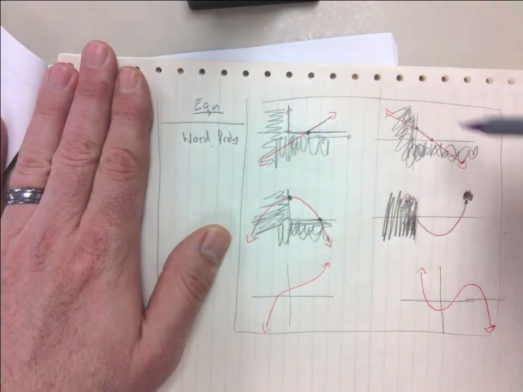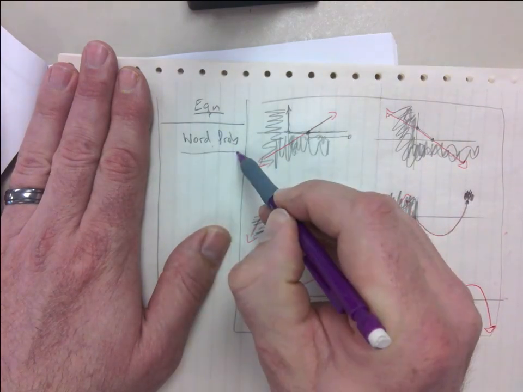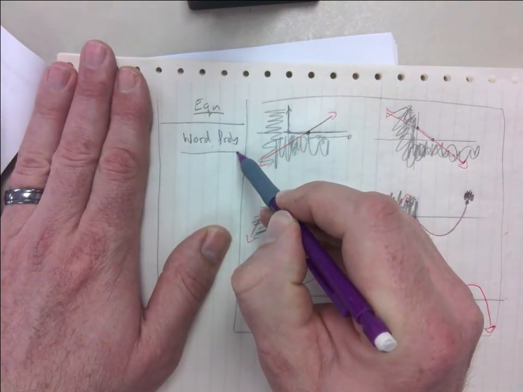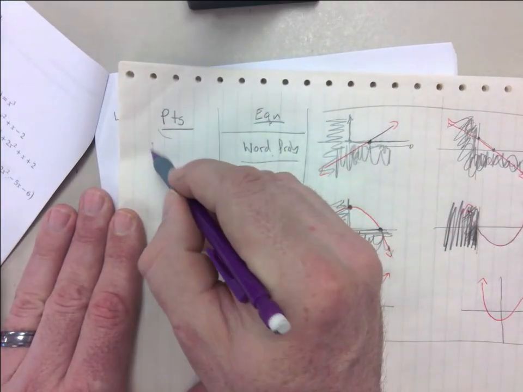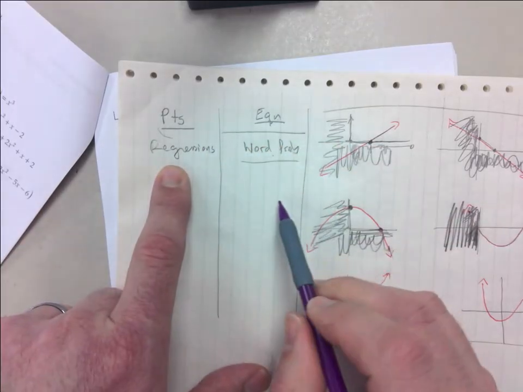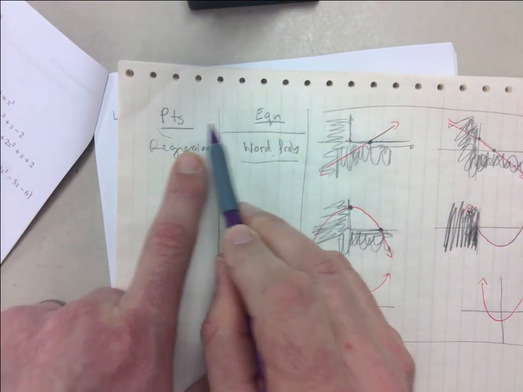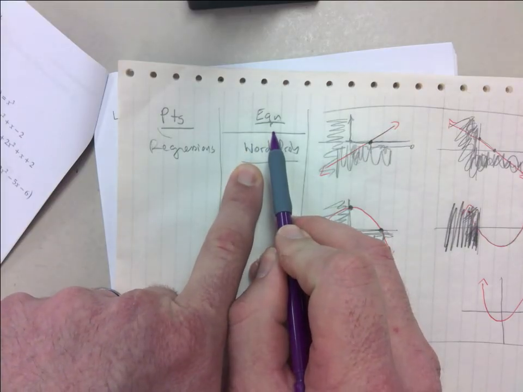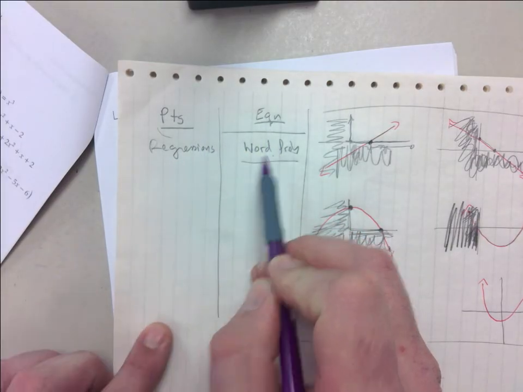Then we restrict it. Once we spend a day or two, like tomorrow, I already expect us to start with regressions. Regressions is the process, and the calculator helps us with it, to come up with an equation. That's something you need to keep in mind.